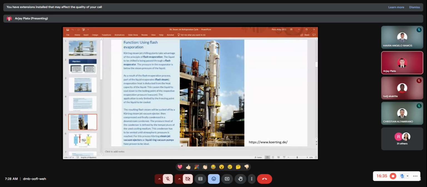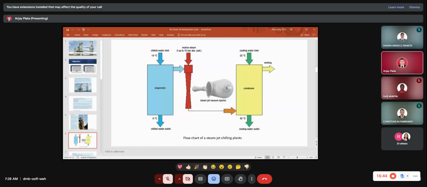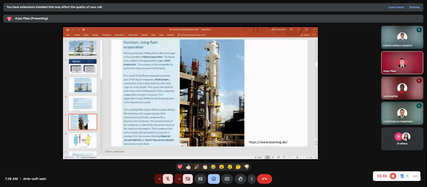Okay. So the resulting flash steam will be sucked off by a steam jet ejector. This one is the steam jet ejector. And then it is compressed and finally condensed in a downstream condenser. So this is the condenser.